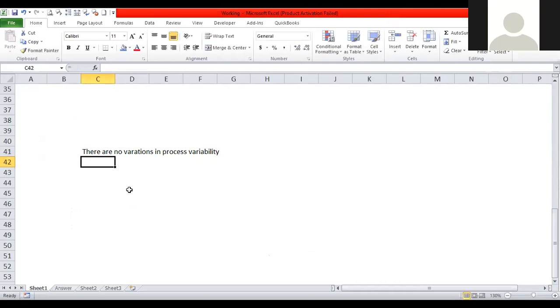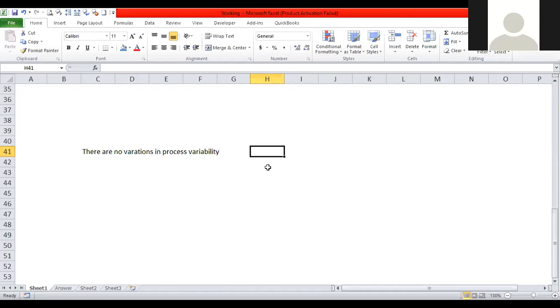So the first check is okay. The R bar chart says no problem. No variations in the process variability.